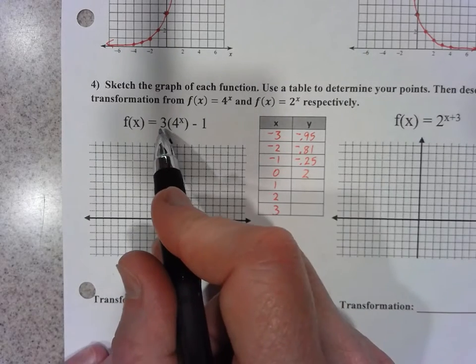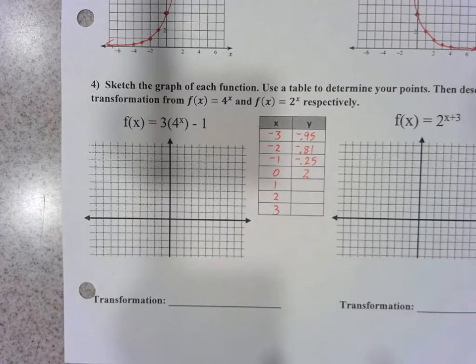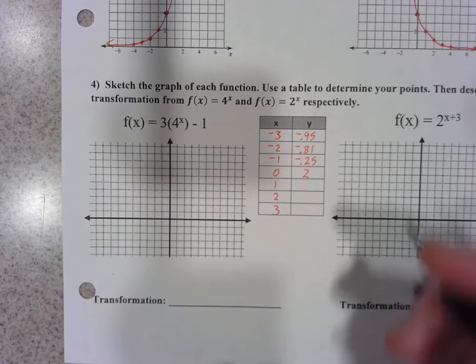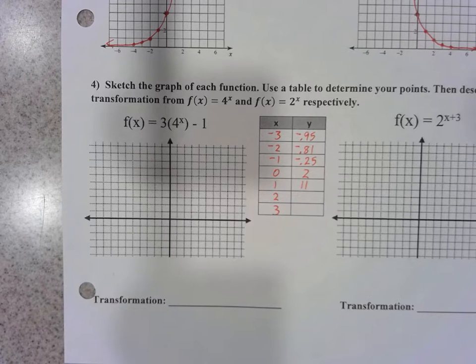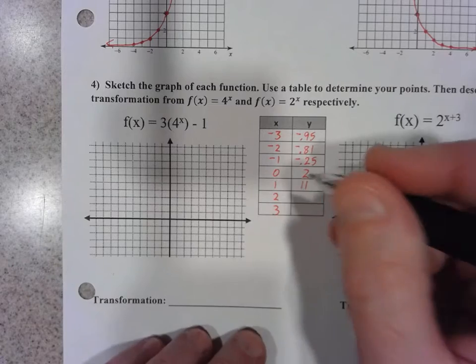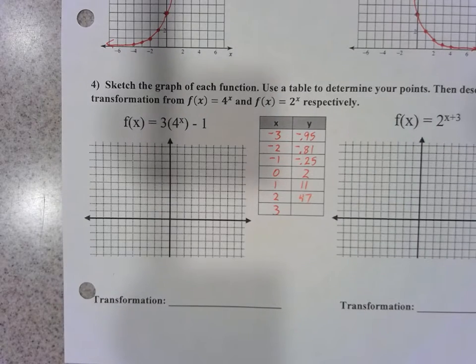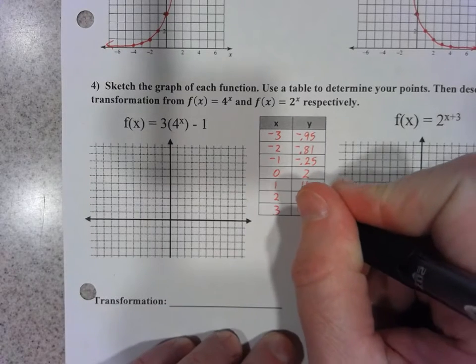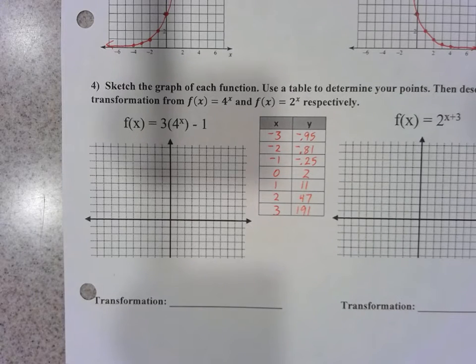So normally 3 would be the y-intercept, but because we're subtracting 1 from that, that takes it down to 2. Next one is put in 1 and you get out 11. And 2 goes with 47, so that's getting really big. We'll calculate the last one just to fill in the table, but 191 is not going to fit on the graph.